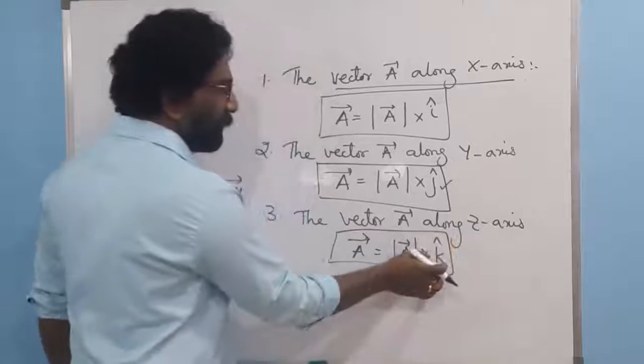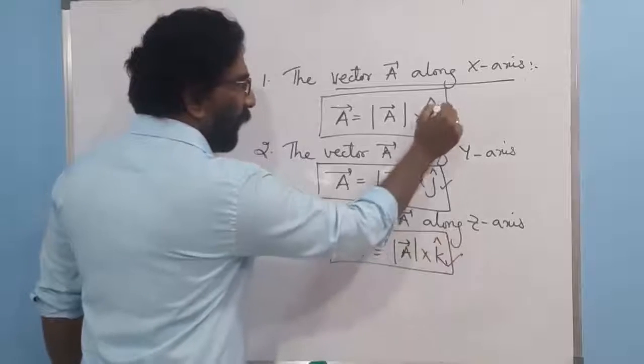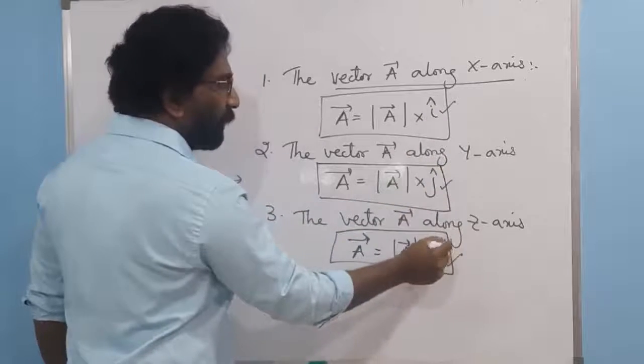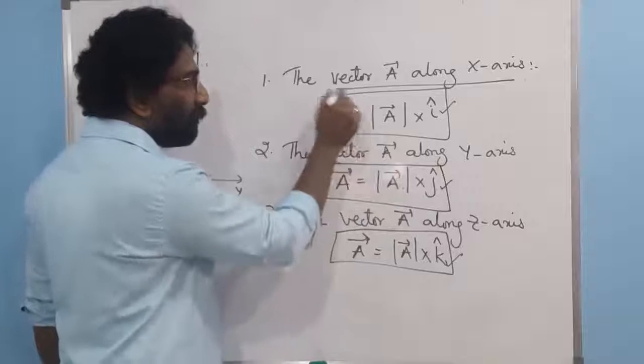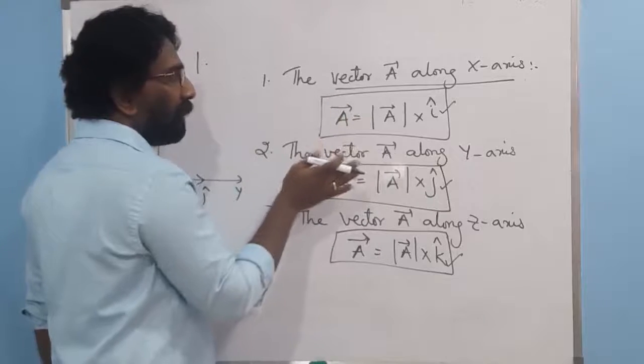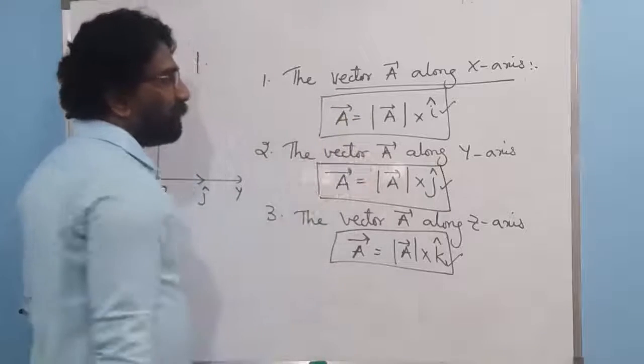So I, j and k are the unit vectors which define the direction of this vector A, and in which direction it is traveling.